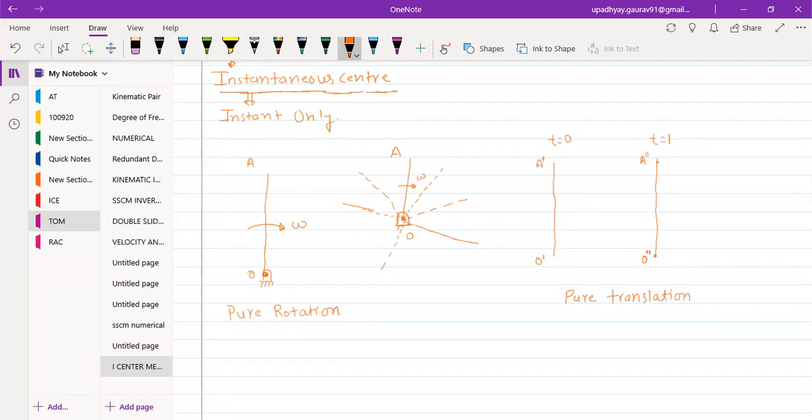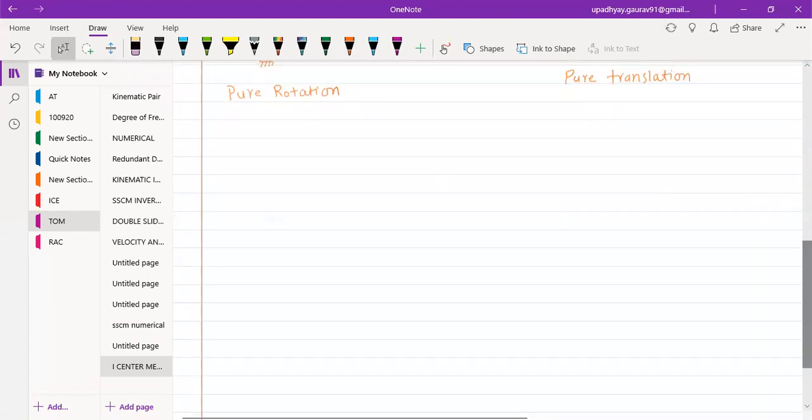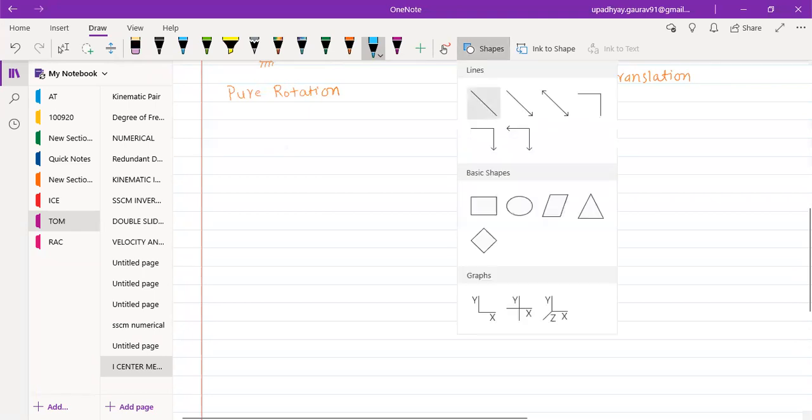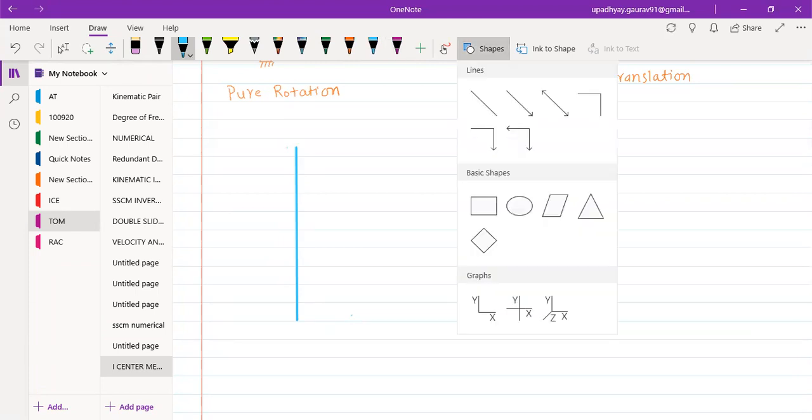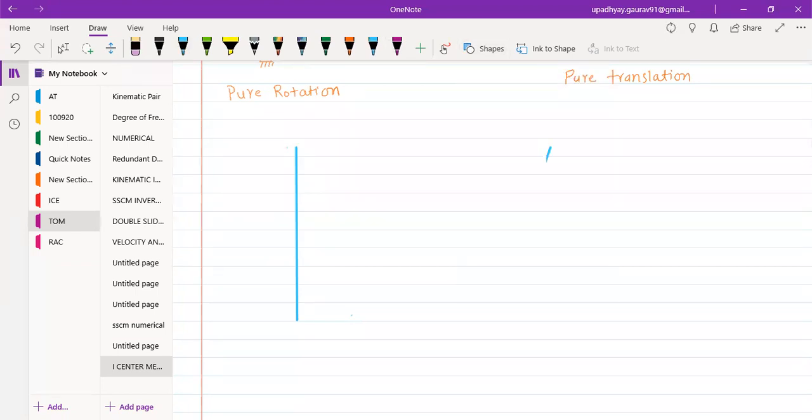हाँ या ना, यहाँ तक क्लियर है? Yes, sir. अब मैं आपसे बोलता हूँ कि just let's say for a time being, I'm saying that at instant t equals to 1, say this is the link again OA.